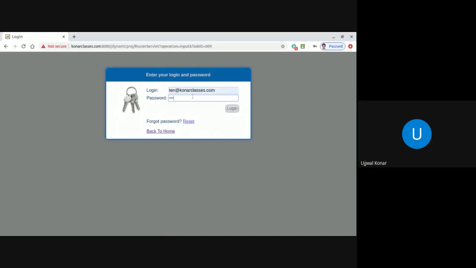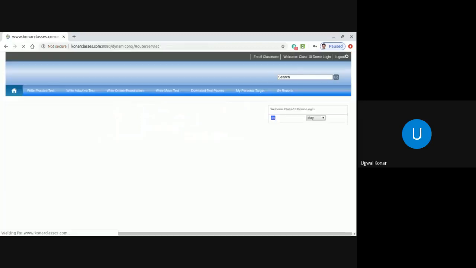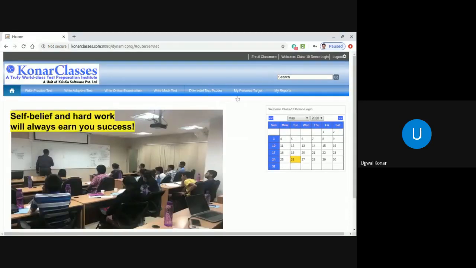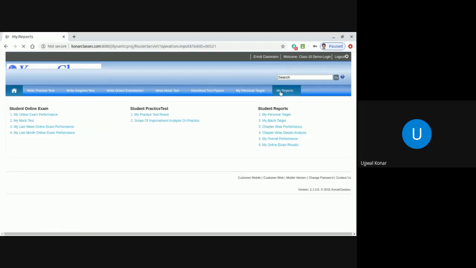What you need to do is this. I hope you get emails now the moment you complete a test, and once your marks are given, you get an email. You can look into that email, and in that email there is a link. You can click on that link, which will take you to the paper, or you can come to My Reports and look into your last 1 week performance.